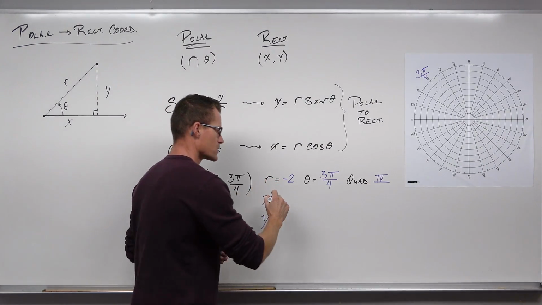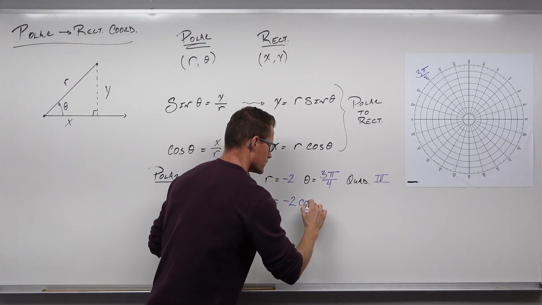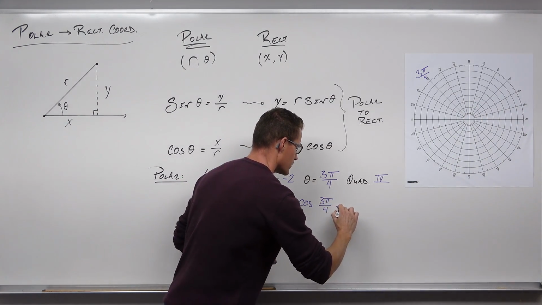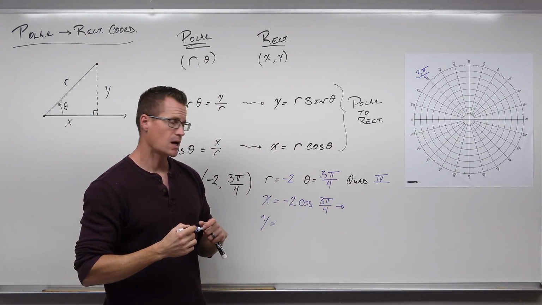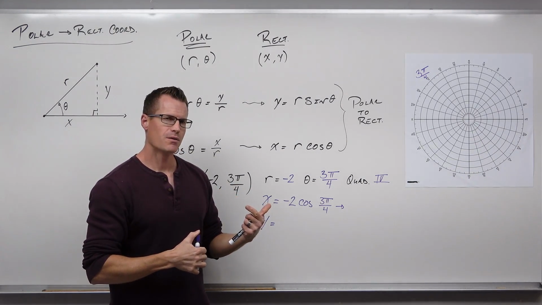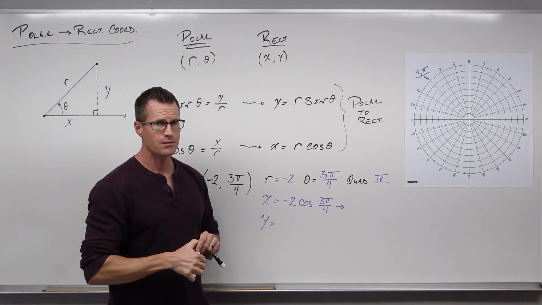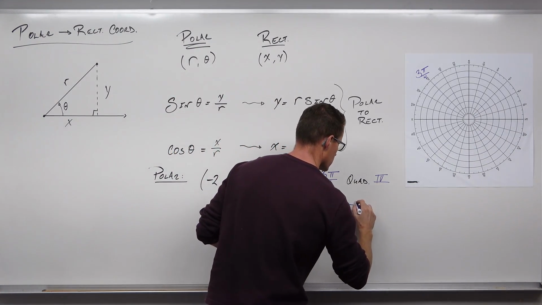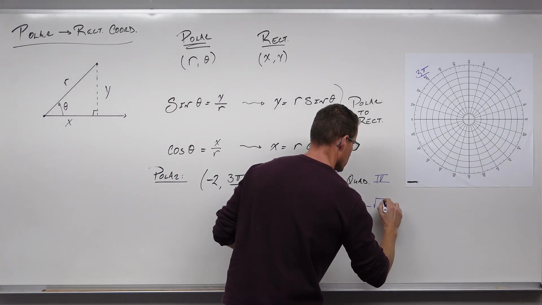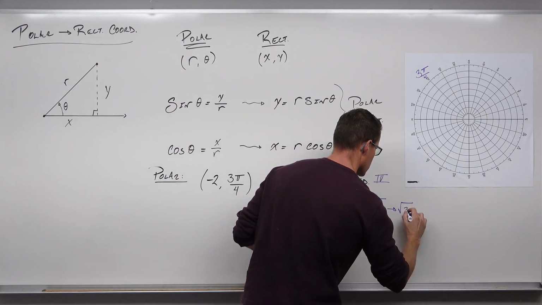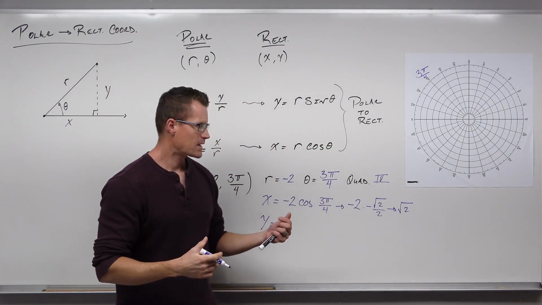So x relates to cosine. So negative 2 times cosine of 3 pi over 4. Cosine of 3 pi over 4 is negative square root 2 over 2. Notice also, I've kept the negative r.